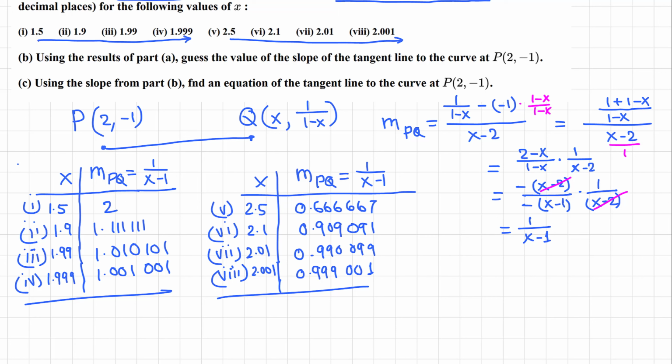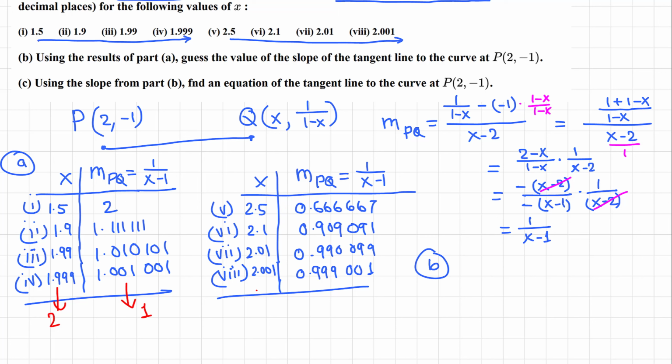This is part A. In part B, they ask, using the results of part A, guess the value of the slope of the tangent line. We know that the slope of the tangent line is the limiting value of the slope of the secant line. These numbers are designed to go closer to 2, and the slopes are decreasing towards 1.